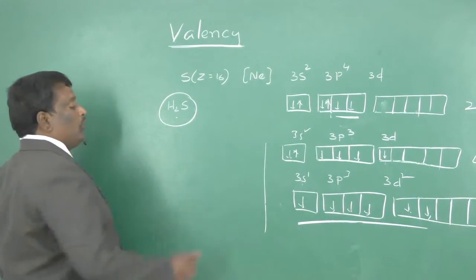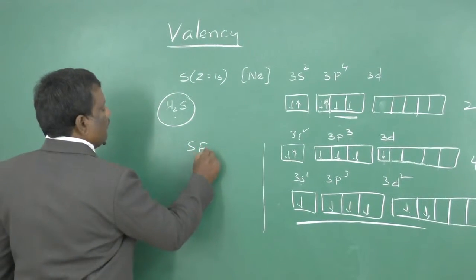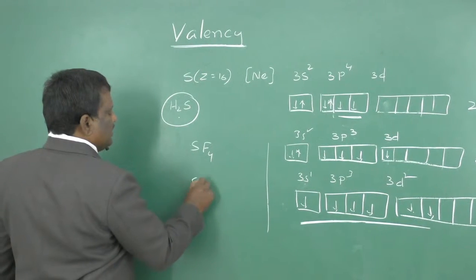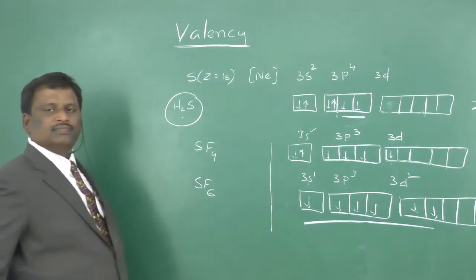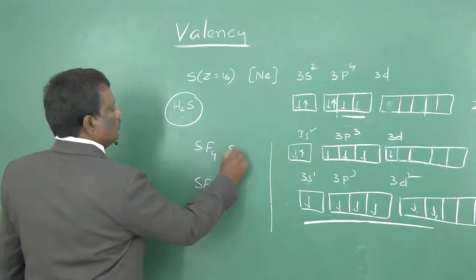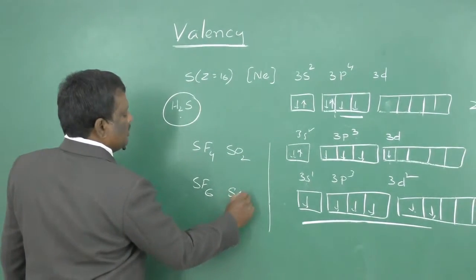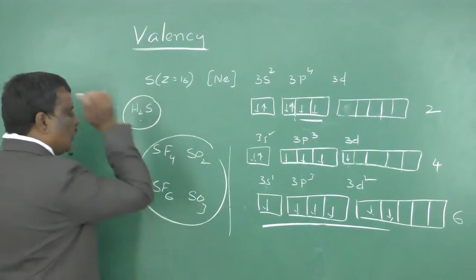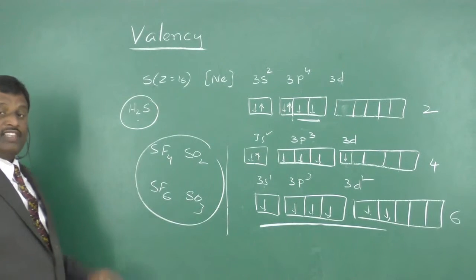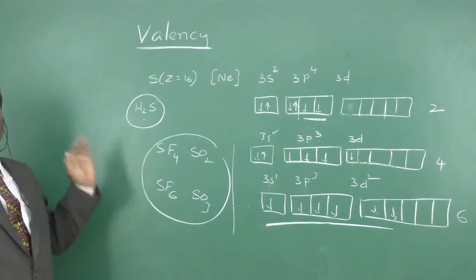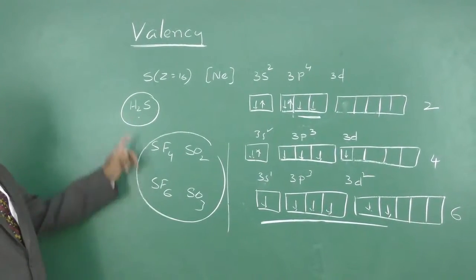With oxygen and fluorine only: SF4, 4 valency, SF6, 6 valency, or SO2, 4 valency, SO3, 6 valency. These valencies of 4 and 6 for sulfur are possible only with oxygen and fluorine, but not with hydrogen.